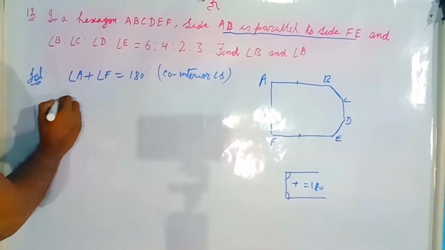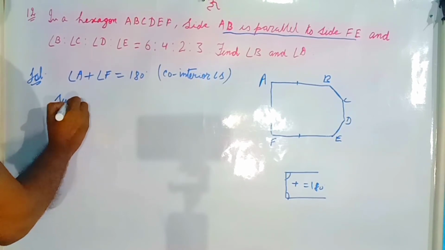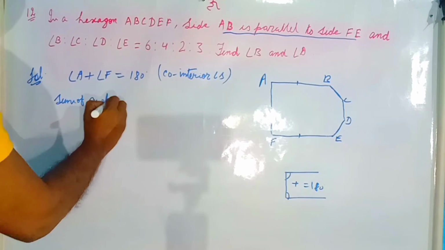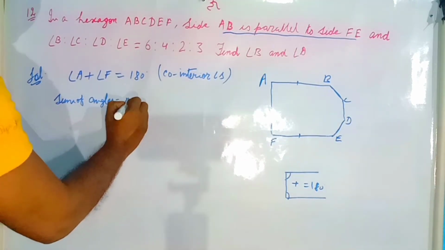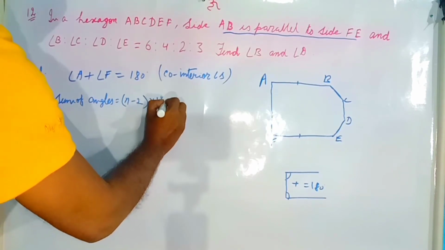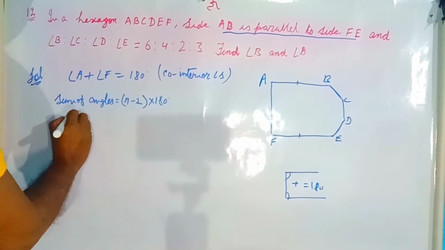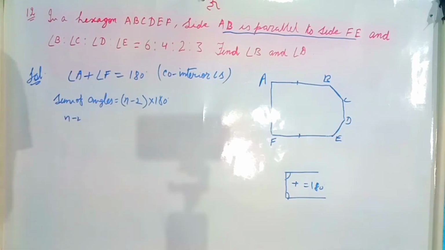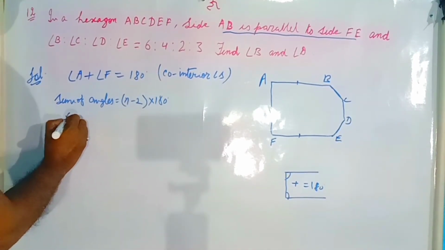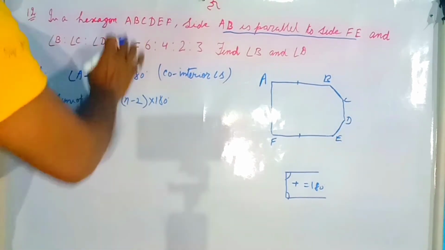Now we will find the sum of angles. That means (n minus 2) into 180 degrees. In the place of n we can write 6 because it is a 6-sided figure.